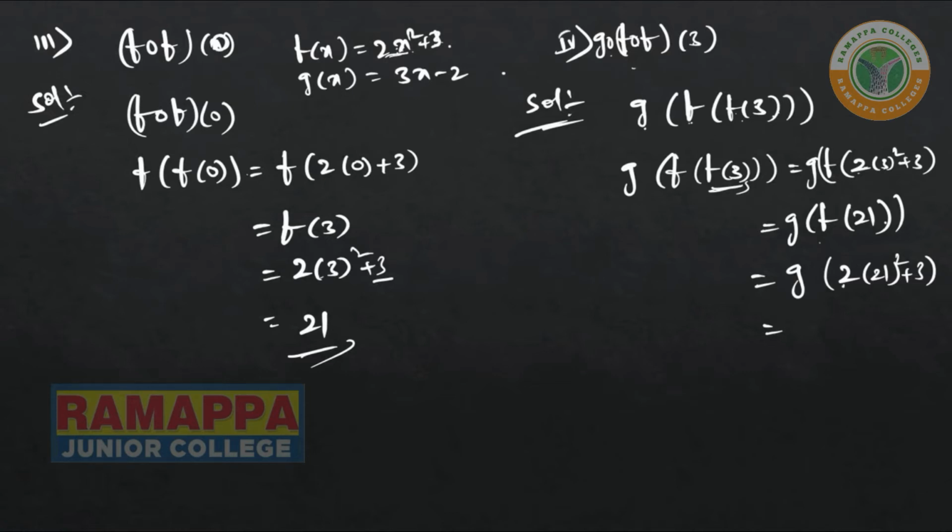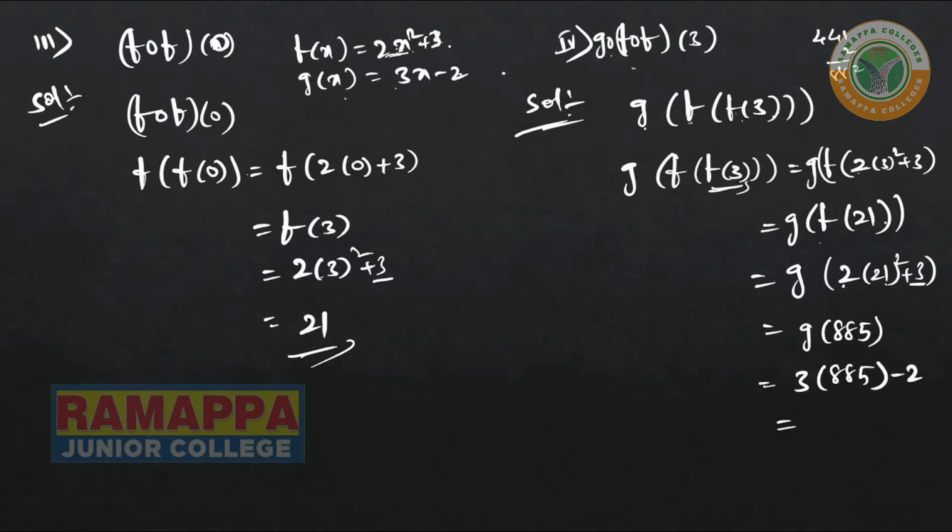441 twos are 882. Okay. So in this I am adding the 3, so it will become g of 885. So g of 885, in the value of 3x minus 2 we have to substitute. It will become 3 of 885 minus 2 here.